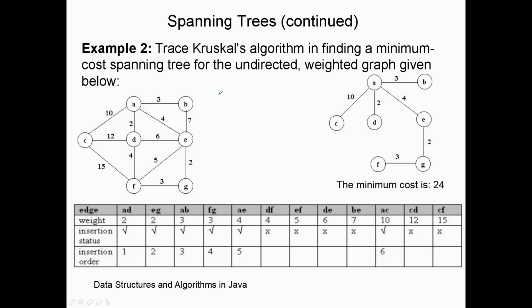I'm going to present it this way, with the vertices, the weight and the predecessor. So we have A, B, C, D, E, F, and G.